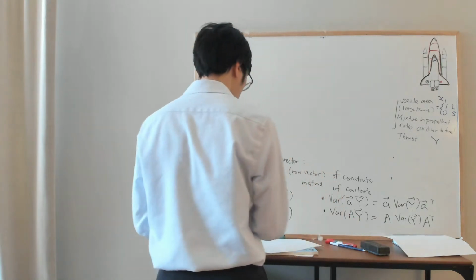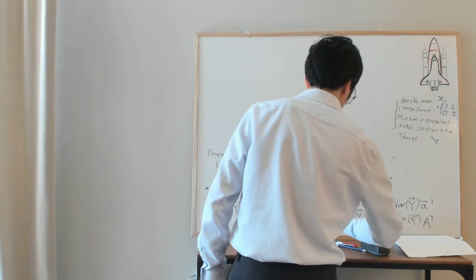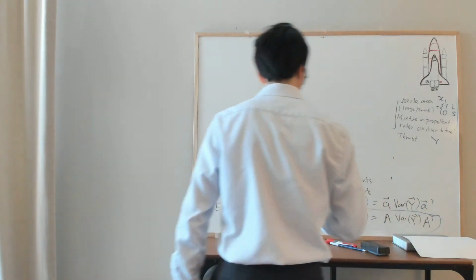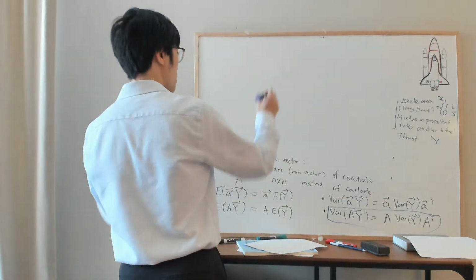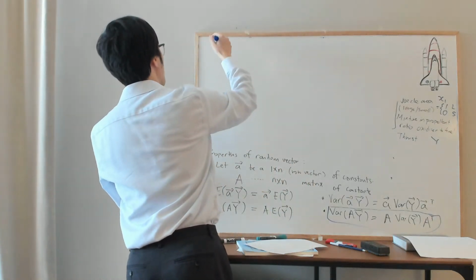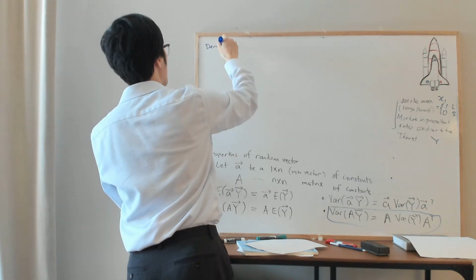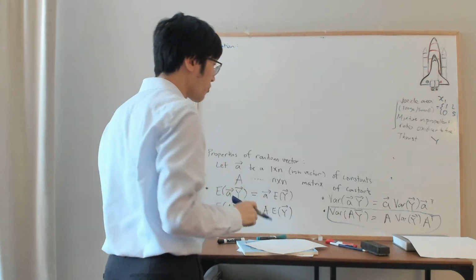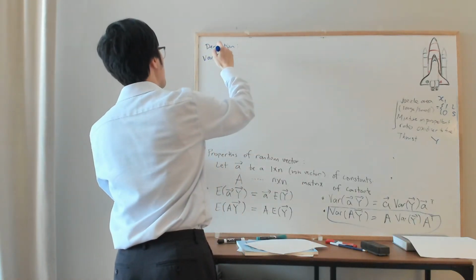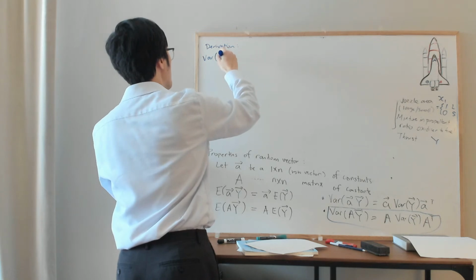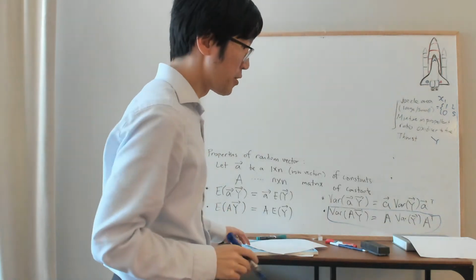Let's take this last one and show how we get that result. Let's derive that last one. We start with the variance of A times Y.